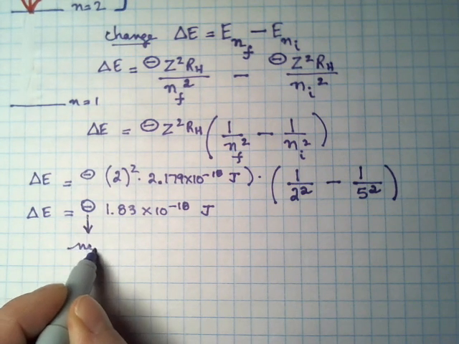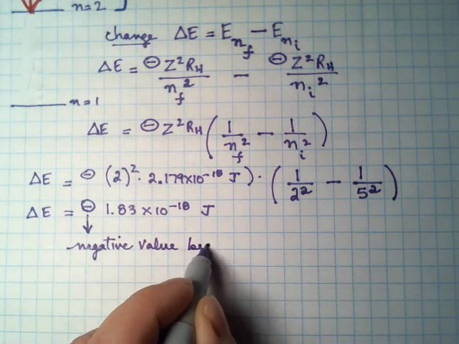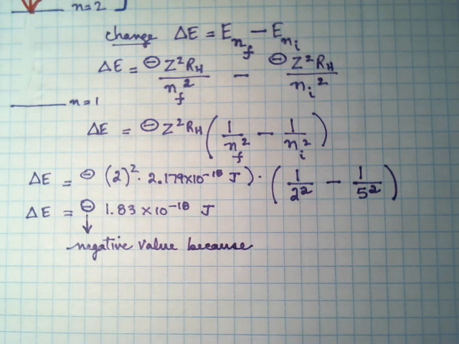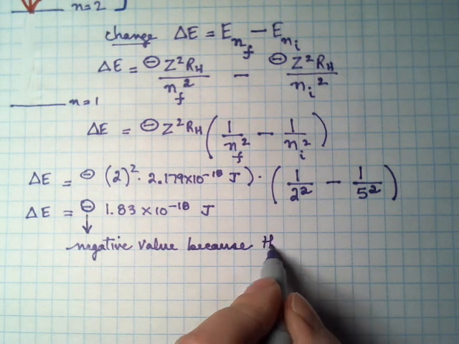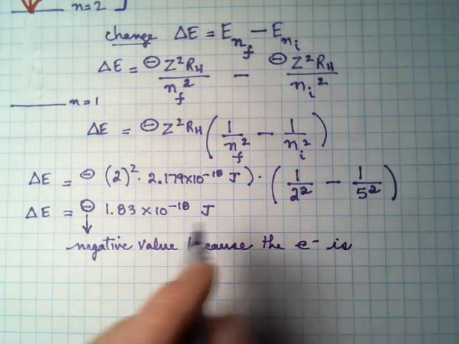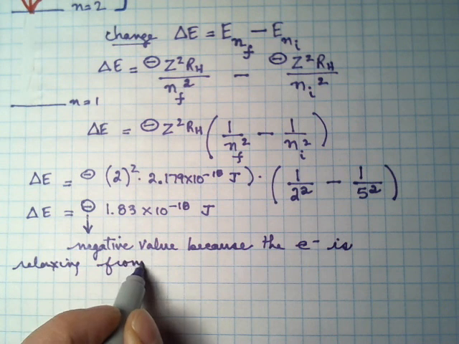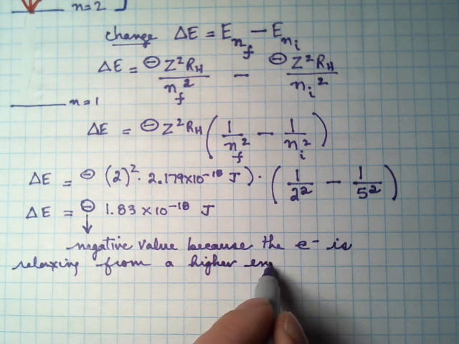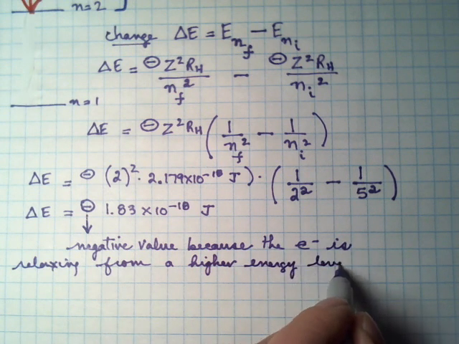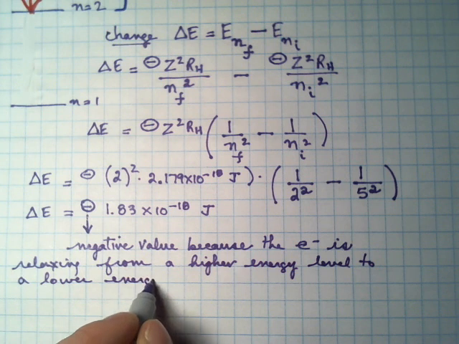So let's just write it in so you've got it for your notes. It's a negative value, because, and I might ask you to rationalize why it's negative on the exam, it's a negative value because the electron is relaxing from a higher, I wouldn't say high because we're just comparing two things, but a higher energy state, or energy level if you like, to a lower energy level.